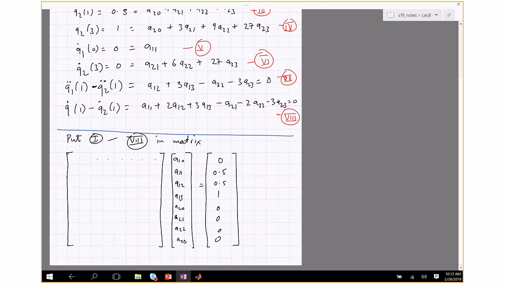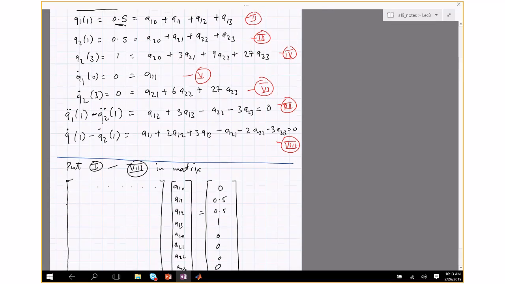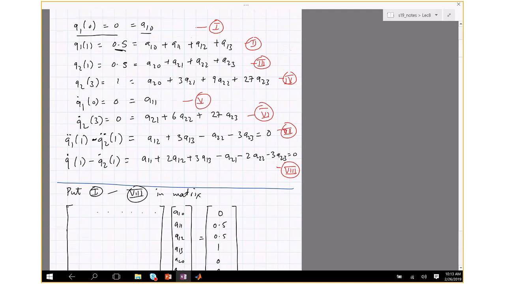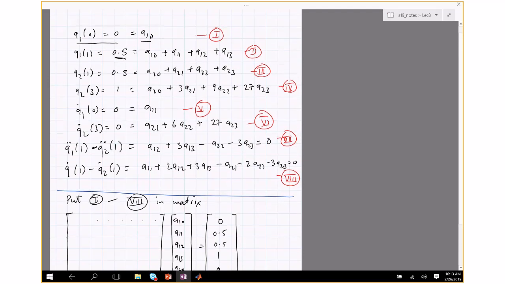And then for the rows, you have to do a little bit of eyeballing here. So for example, the first equation is A10, so the only constant there is A10.